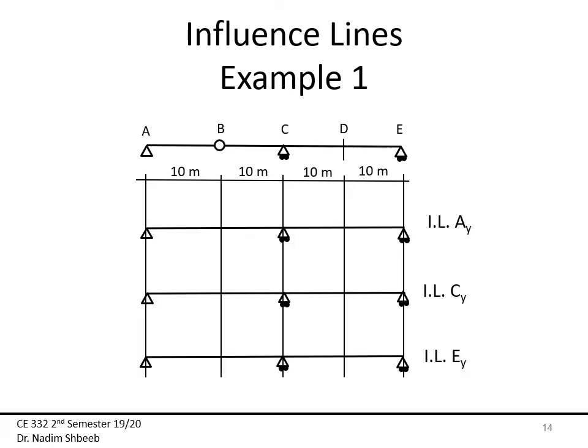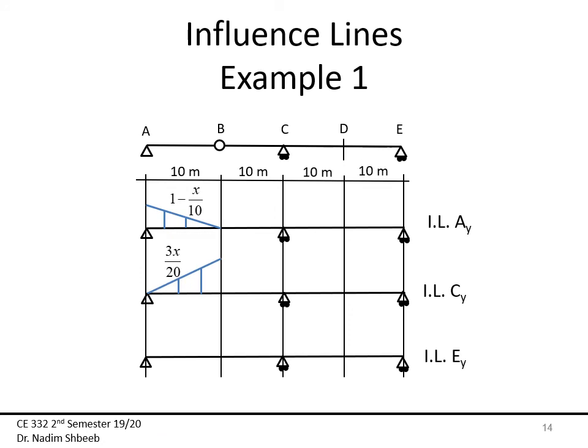Okay, so now I'm ready to plot the influence line for AY, CY, and EY. For AY, since we have that divided up between 0 to 10 and from 0 to 30, I got this 1 minus x over 10. So at x equal to 0, this is 1. This is 1 kilonewton.